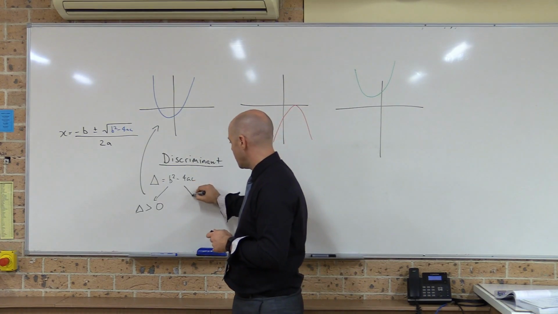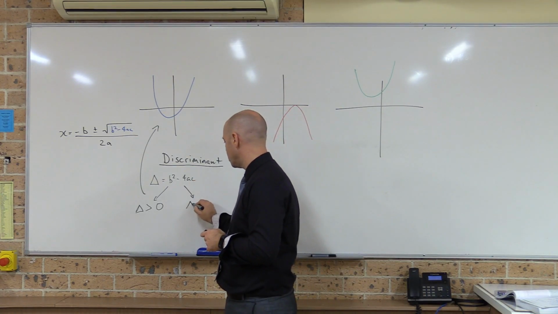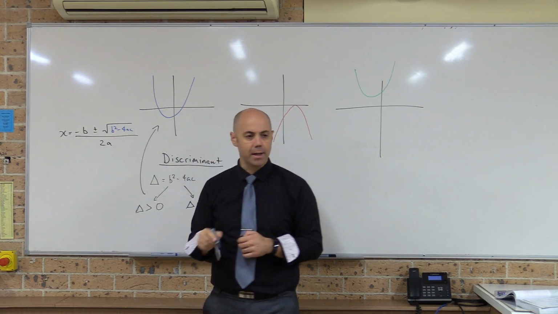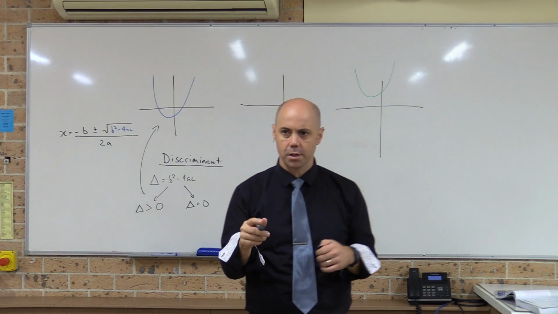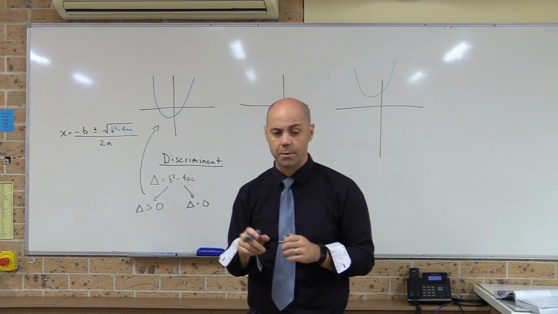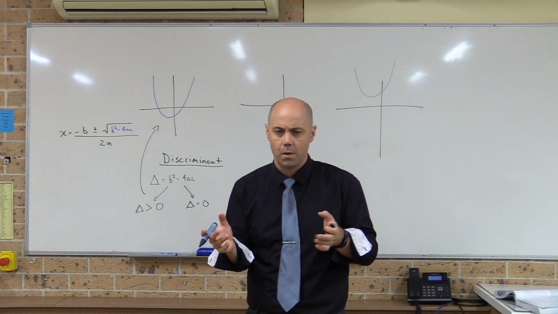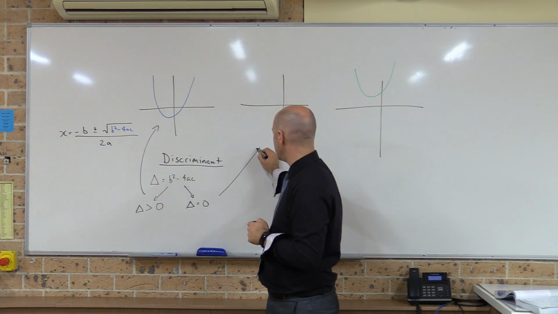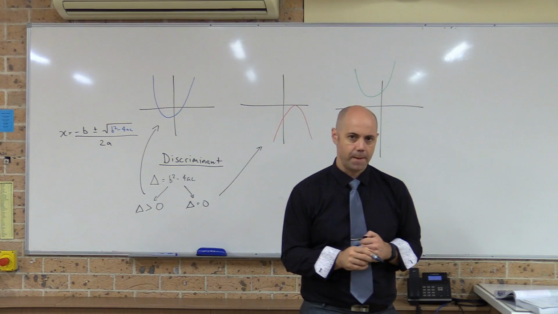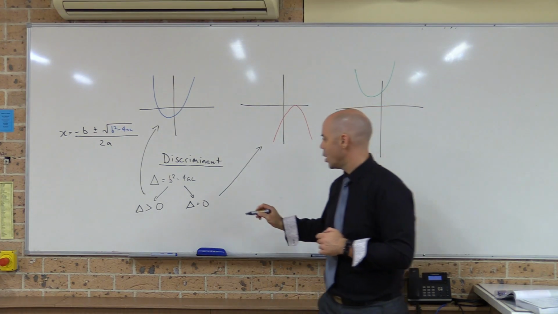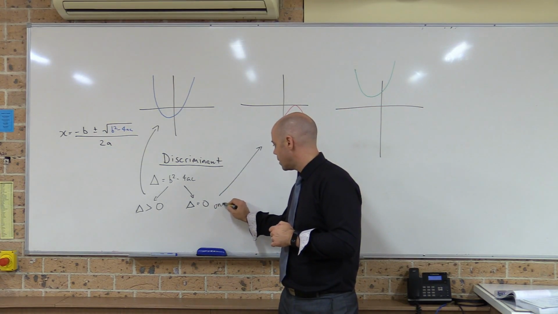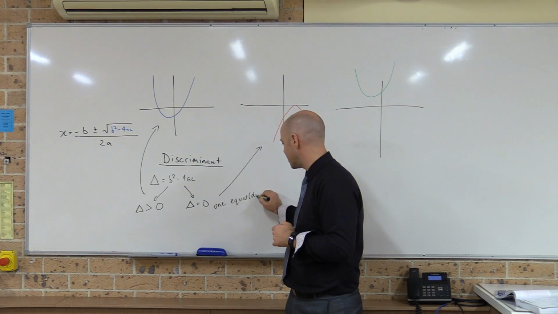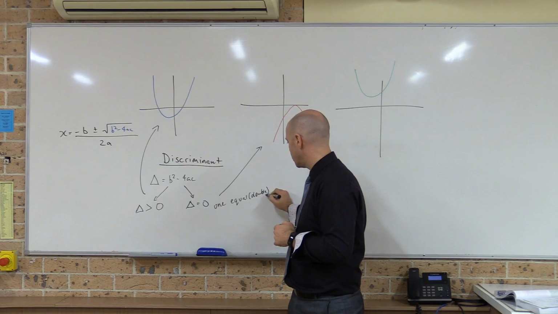It could be that the discriminant equals 0. When we plug in the b squared and the 4ac and take the 4ac away from the b squared, we find that the result is 0. And that tells us it's one of these types of parabolas, which has one equal, or sometimes we say double, root.